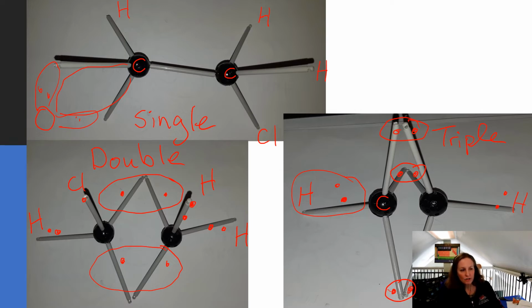What do you have for the hydrogen? 2. Over here, same thing. This carbon: 1, 2, 3, 4, 5, 6 shared with the other carbon, and 7, 8 shared with hydrogen. And then this hydrogen would have 2. So this 8-2 rule works really well for column 4.